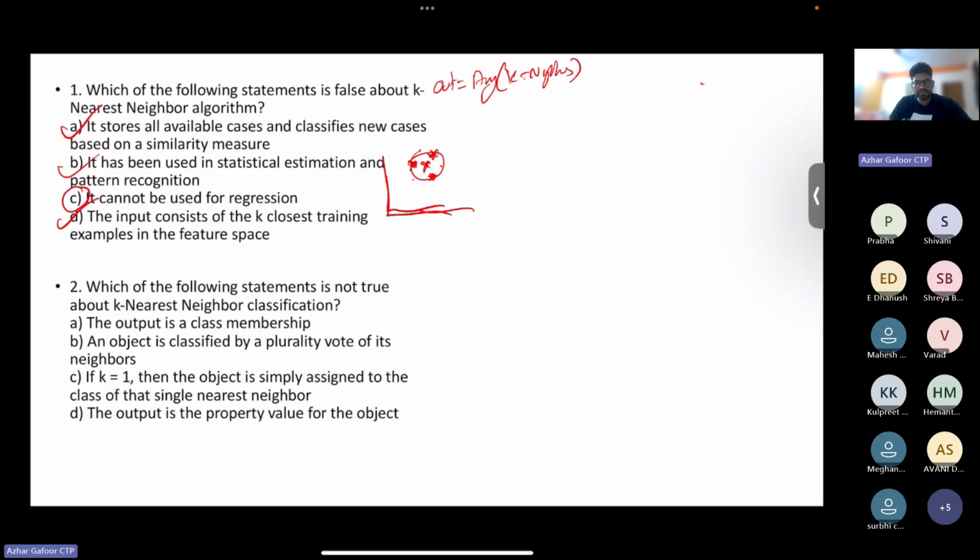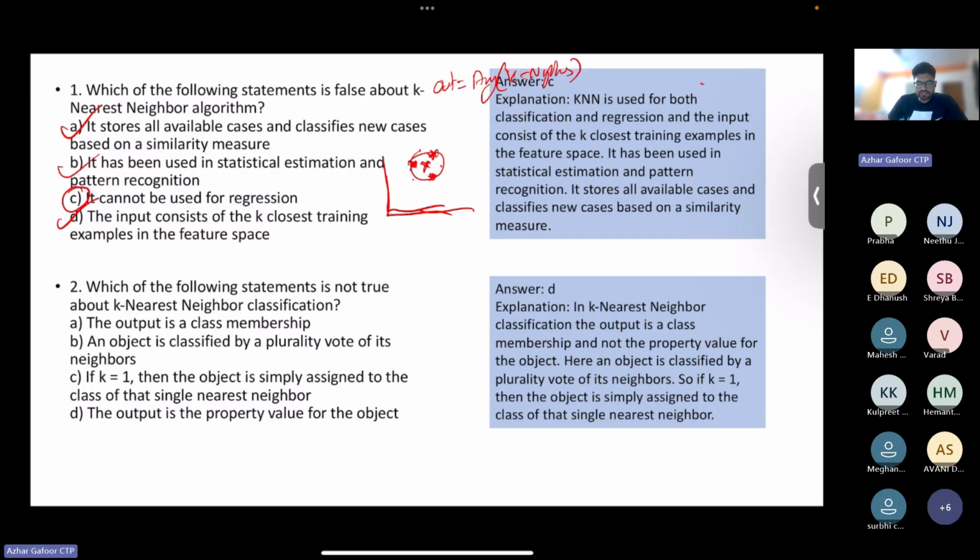What about the second question? D, the output is the property value for the object. Yes, D is the correct answer. The explanation is that KNN is used for both classification and regression.